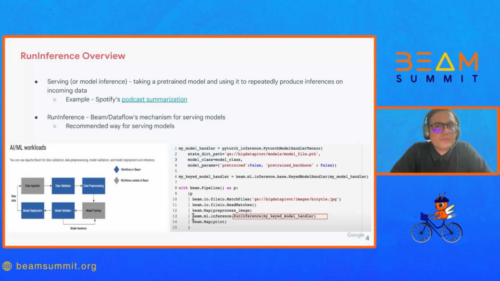And RunInference is Beam's way of serving the models and the recommended way as well. In the bottom right code sample, you can see a PyTorch trained model is used for image classification, and the out-of-the-box PyTorch model handler is used for its loading and configuration. Model handler is basically a way of telling Dataflow how to load the model and run inference against it.